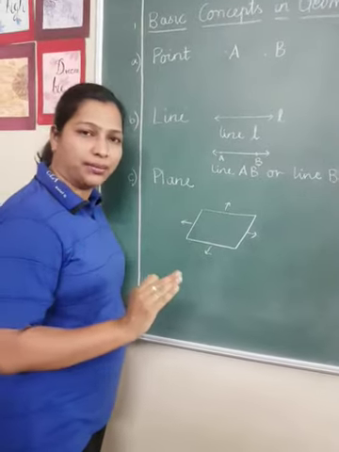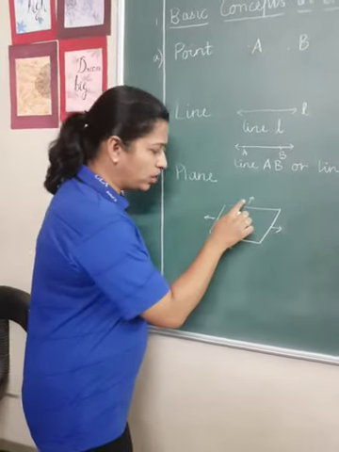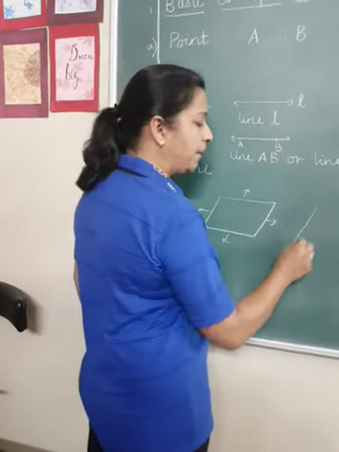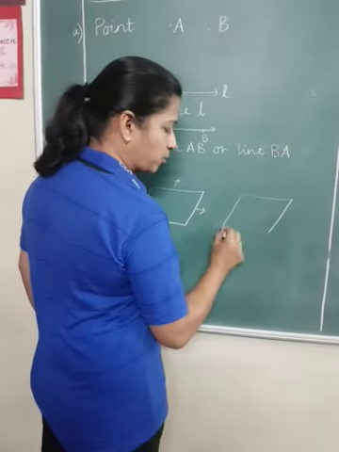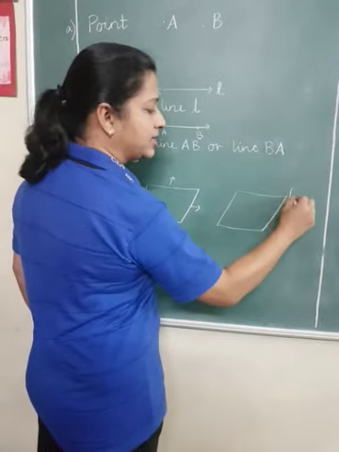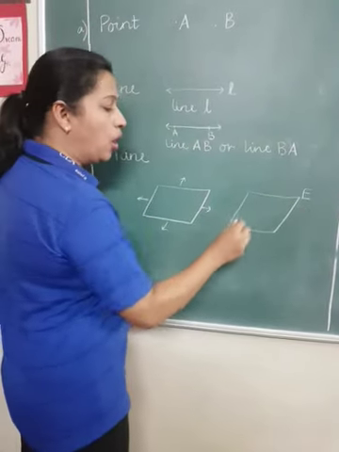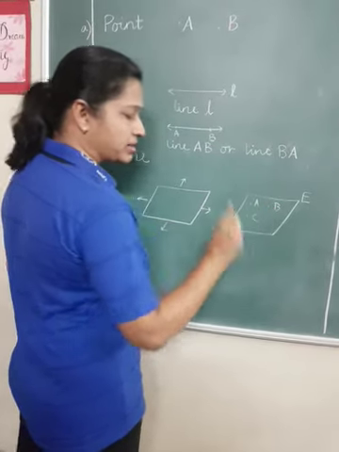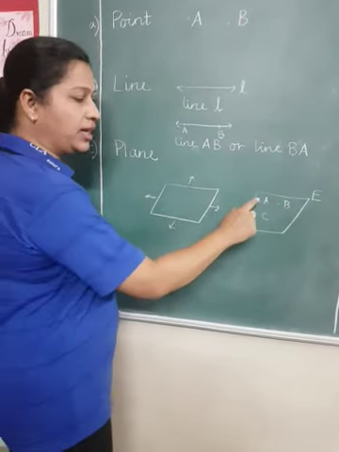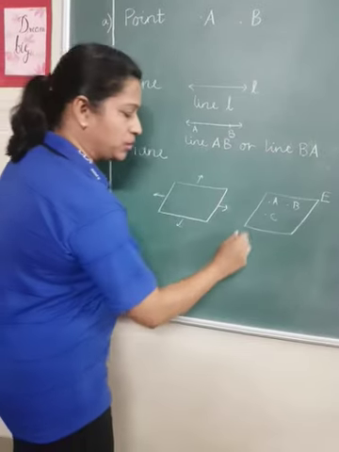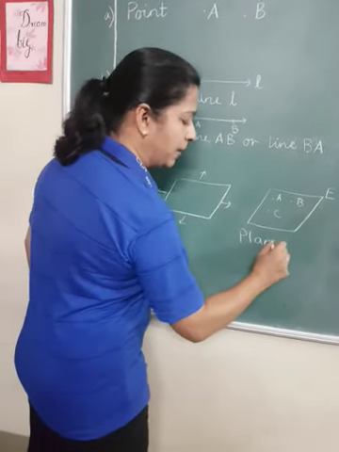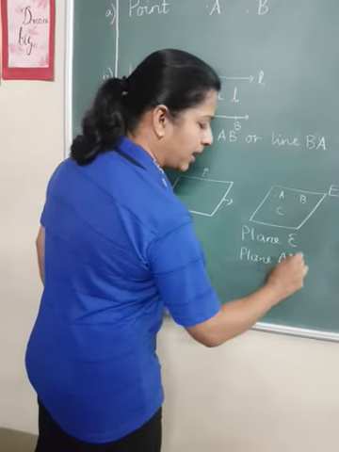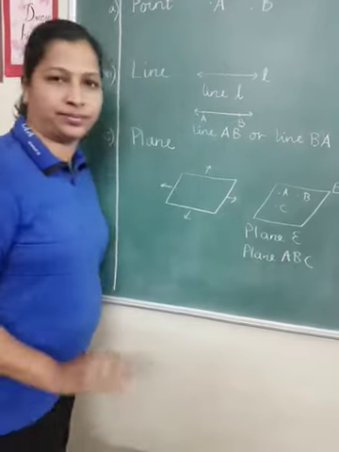In mathematics, you usually do not draw these arrowheads and you represent the plane just in this way, and you can write this as plane E, or you can mark 3 non-collinear points and write it as plane ABC. So you can name this plane as plane E or plane ABC.